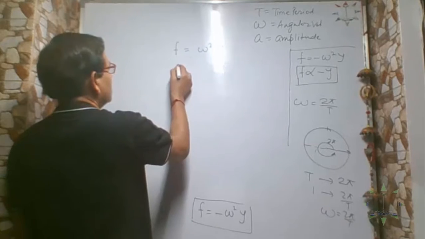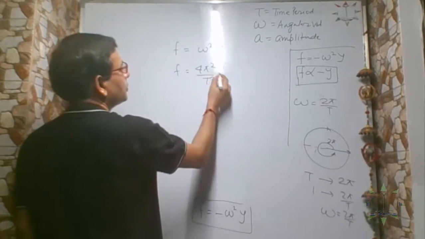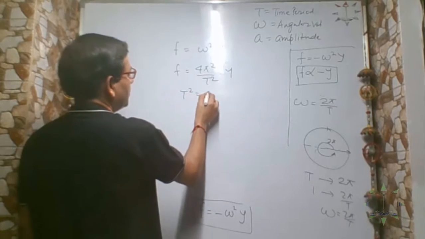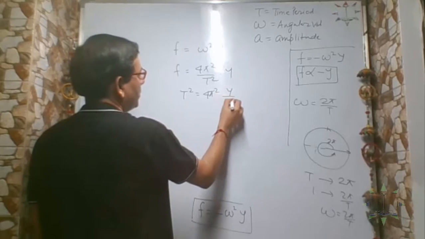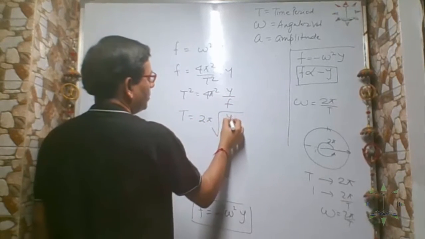So this equals 4 pi square by T square, putting 2 pi by T in place of omega. So acceleration equals 4 pi square y by T square, so T square equals 4 pi square y by acceleration. So T equals 2 pi root over y by acceleration.